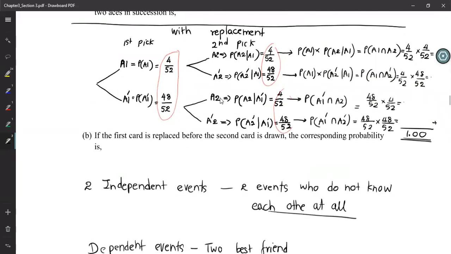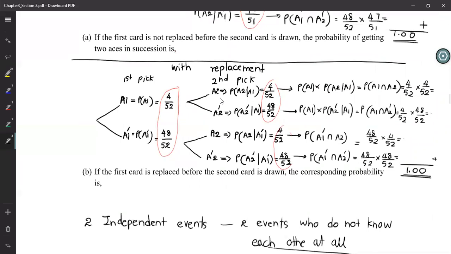Two independent events, is it with replacement or without replacement? Independent events, is it with replacement or without replacement?